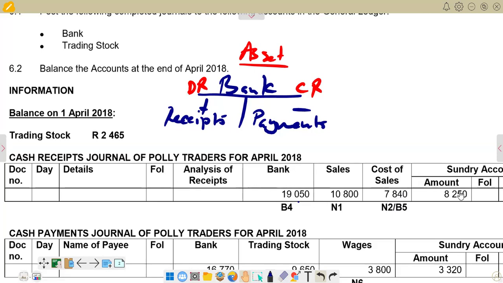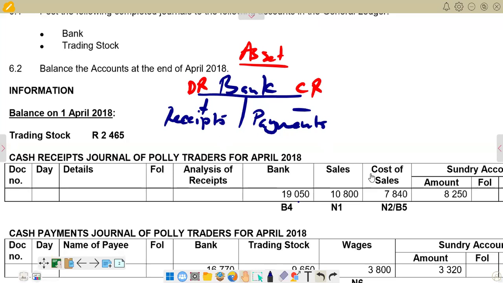If you add the figures that we have there, you are supposed to get the figure for our bank.